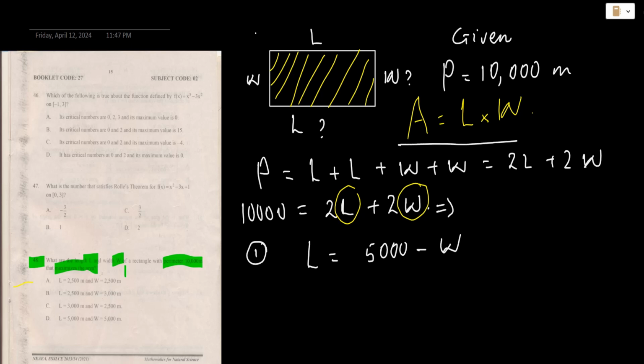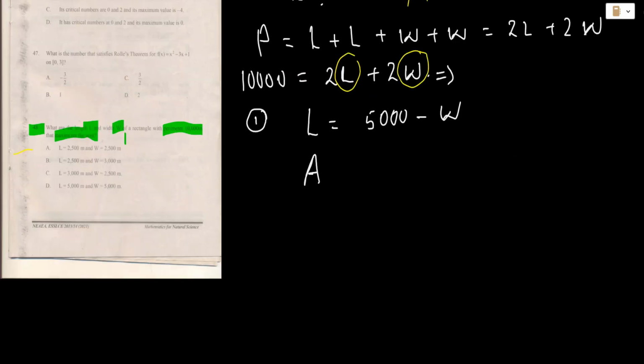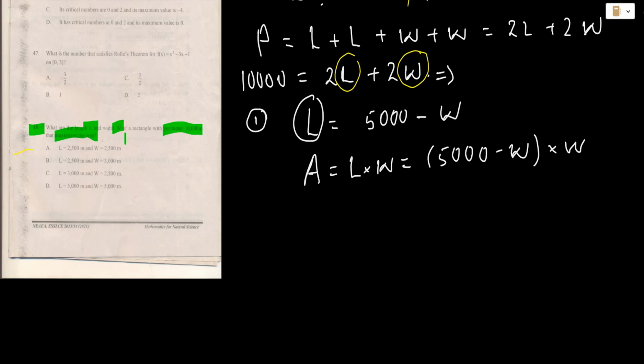Second, we have the area formula. The area equals length times width. In this case, length is expressed in terms of width, so we can write 5,000 minus W in brackets times W. This gives us 5,000W minus W squared.